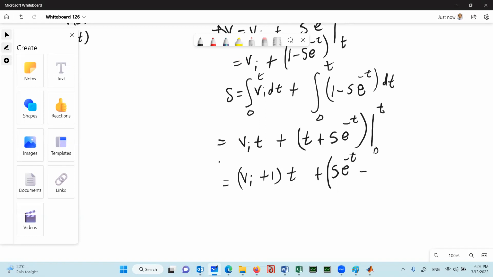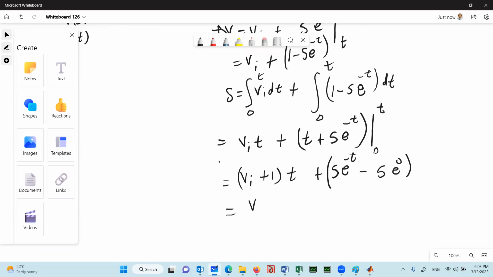So here the integration becomes 5e minus t. Okay, so we can rearrange them.